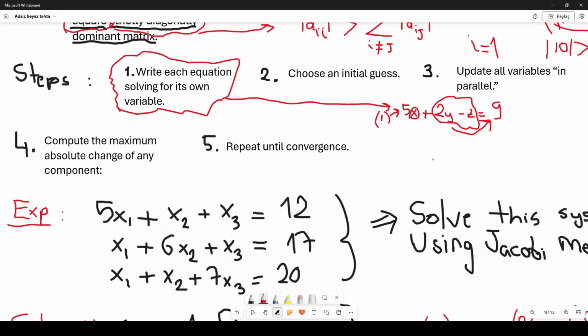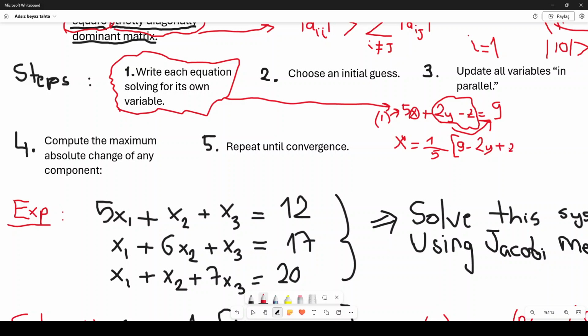So what I have now is x is equal to, dividing by the coefficient of x, 1 over 5 in square brackets 9 minus 2y plus z.